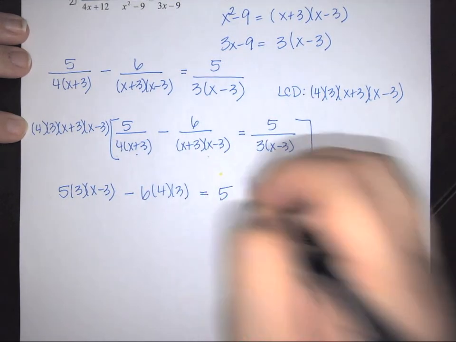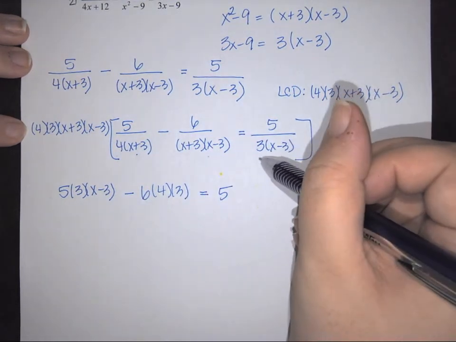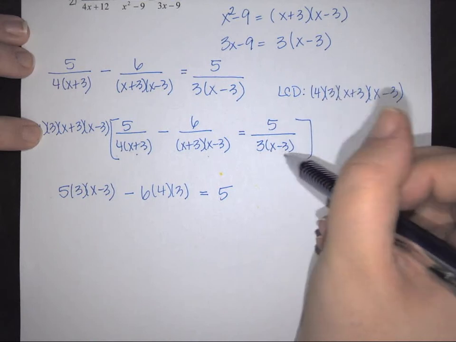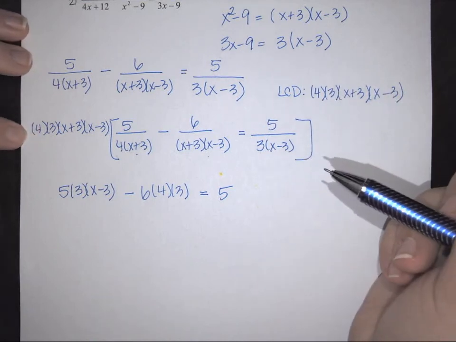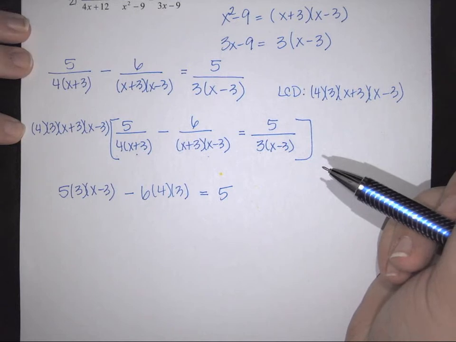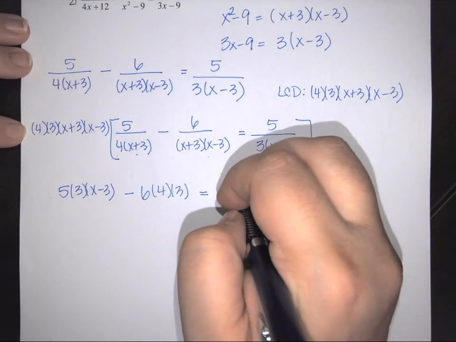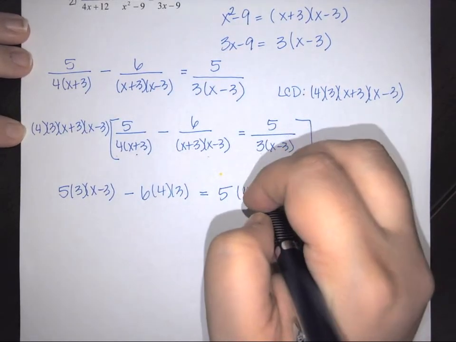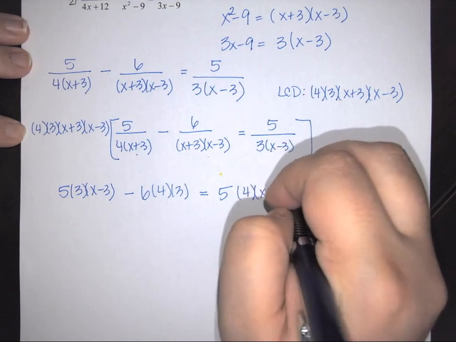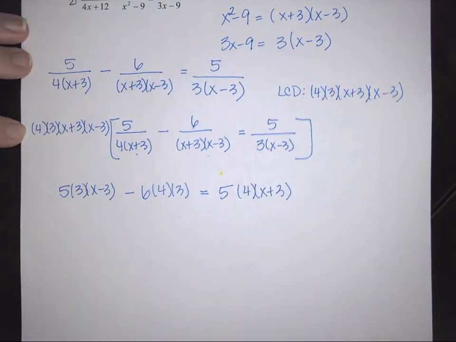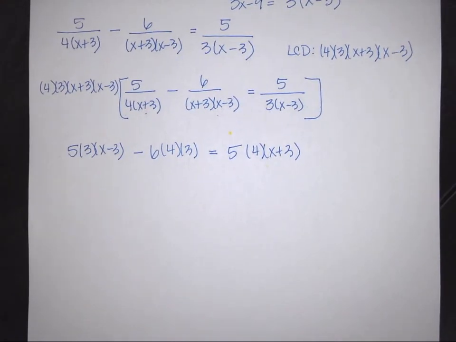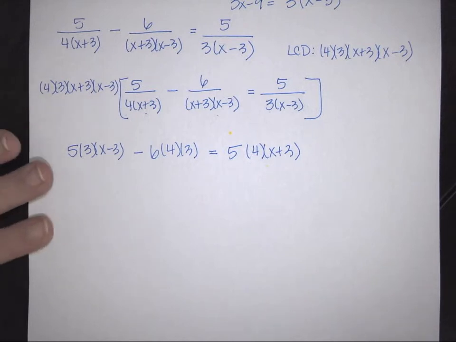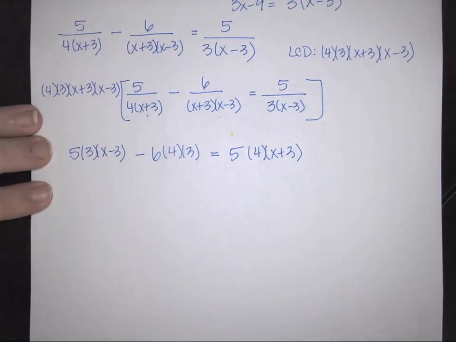Then I have 5. The 3's go away and x minus 3 goes away, and so here I'm left with 4 and x plus 3. My rationals have all disappeared, which makes life easier, and now all I have to do is simplify.